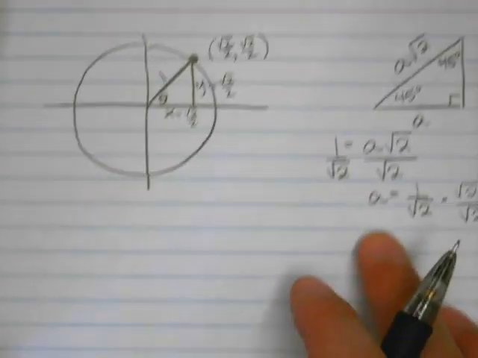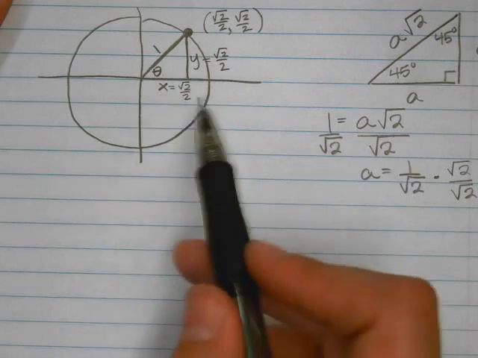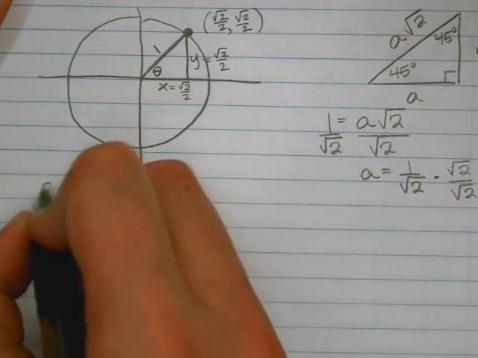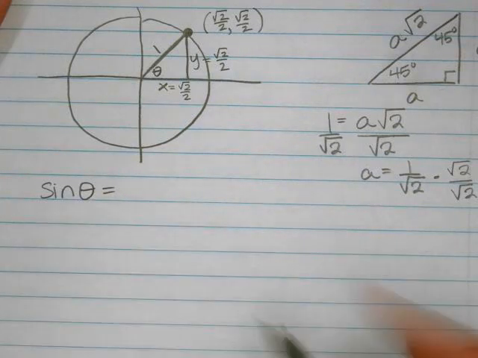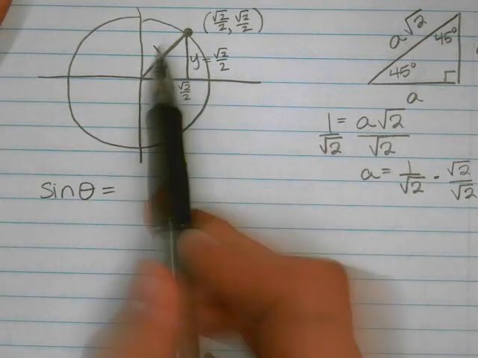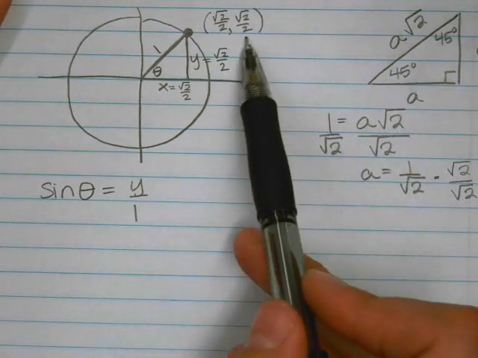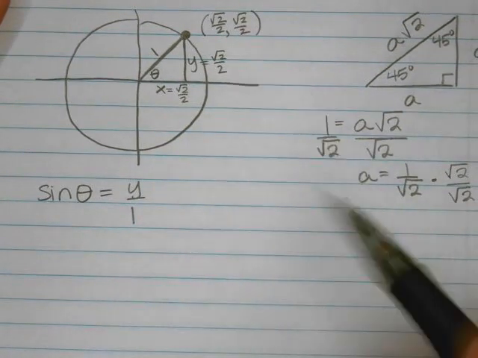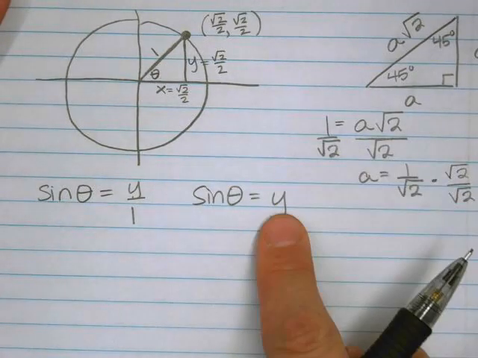Alright, now a couple things I want you to keep in mind is when you look at this triangle inside the unit circle, you're going to see that if you were to do sine of that reference angle, it would be opposite over hypotenuse, which is y divided by 1. And so that means that the y coordinate right there is the same as if we said sine of that reference angle equals that ratio.